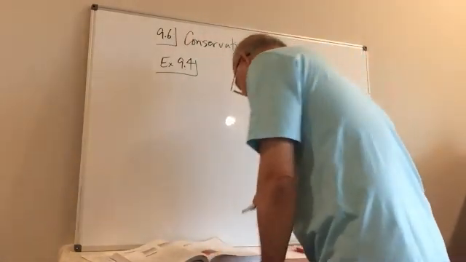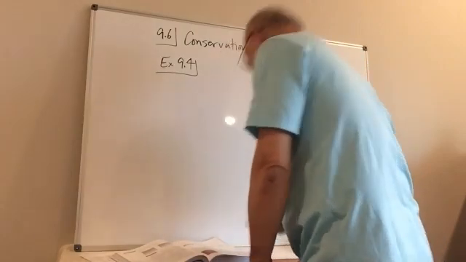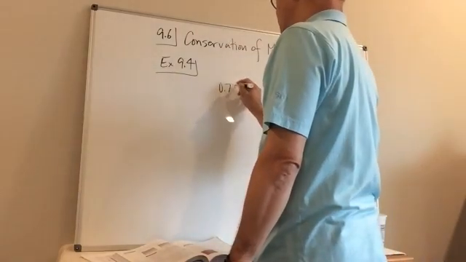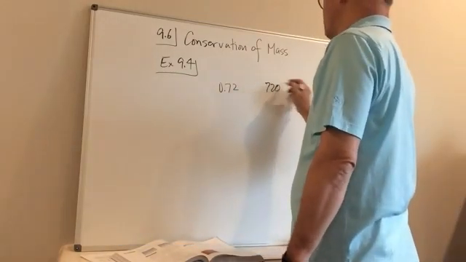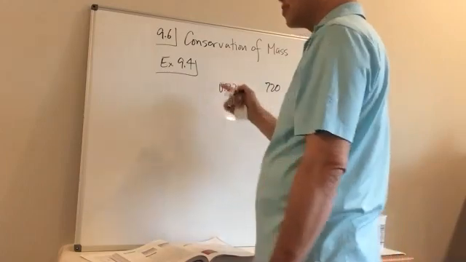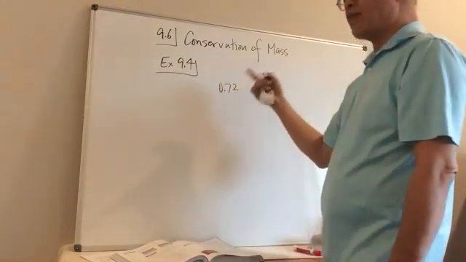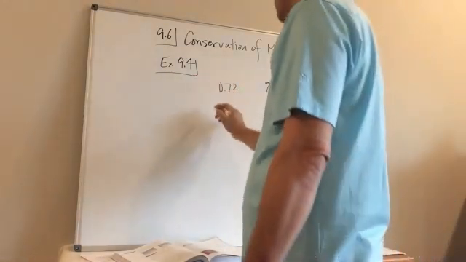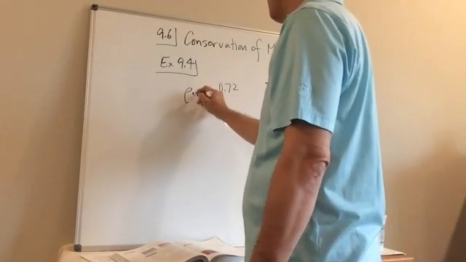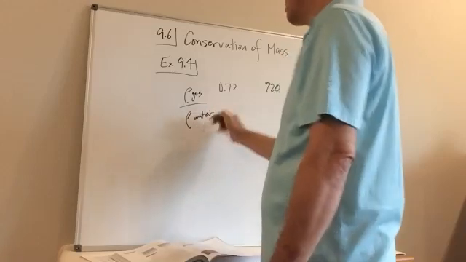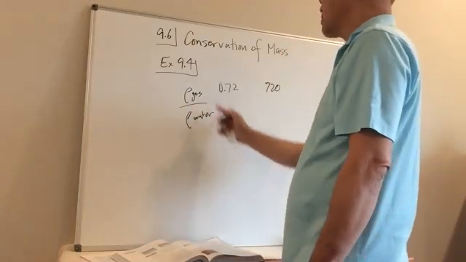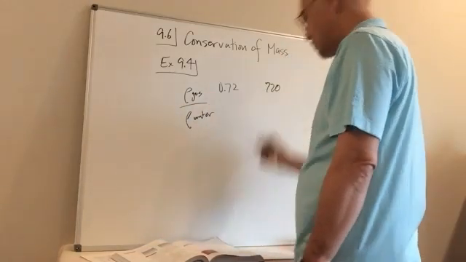We have specific gravity of gasoline is 0.72, which means that it is 720, right? Because specific gravity is the rho of gas divided by the rho of water, right? Which is 1,000 here, right? So the gas is going to be 720.